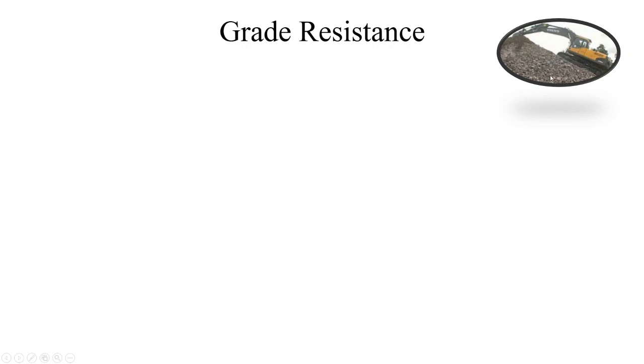So it could positively or negatively impact the machine's performance. Okay, so based on whether it is a positive grade or negative grade, and whether the machine is moving upward or downward. The combination of grade resistance and rolling resistance is the total resistance. So we are talking about 2 types of resistance. We covered rolling resistance, and now we're talking about the grade resistance.